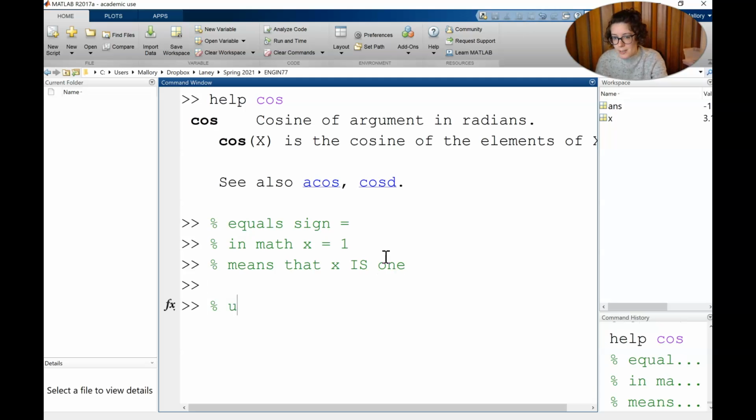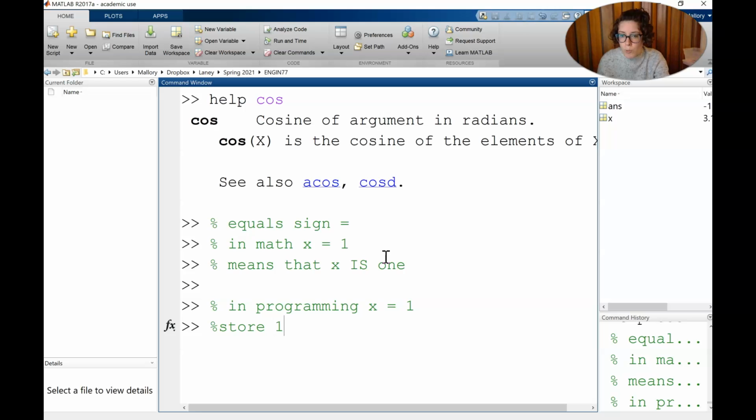In programming, x equals 1 does not mean that x is 1. It doesn't mean this universal truth that x is 1 like it does in math. In programming, it means store 1, so store the value 1 in the variable x.